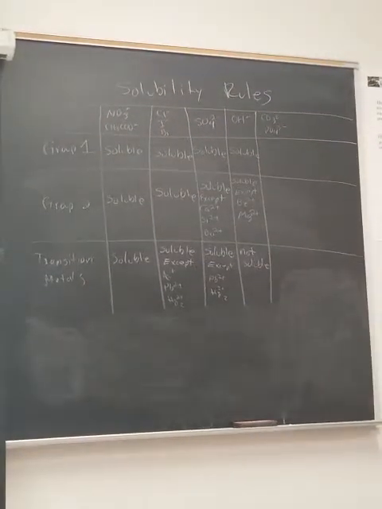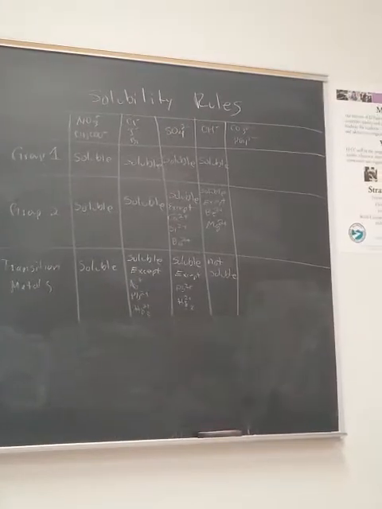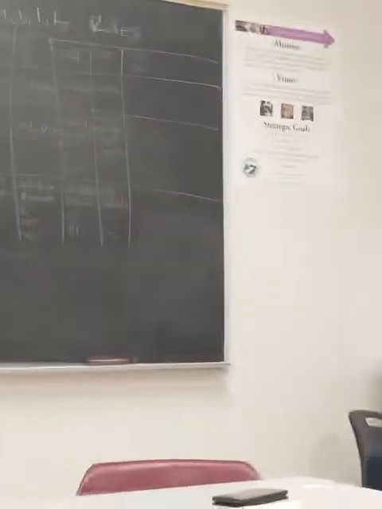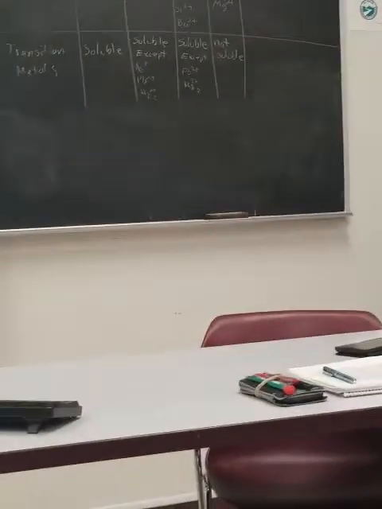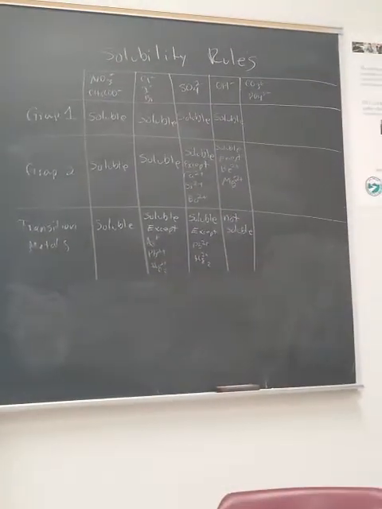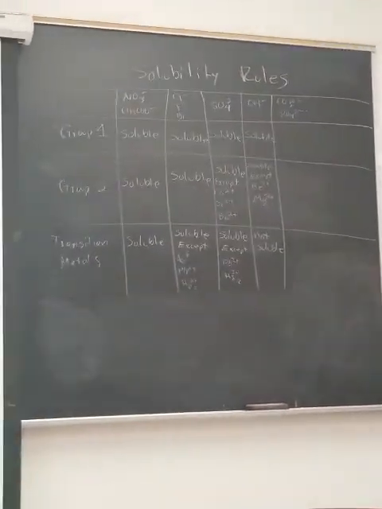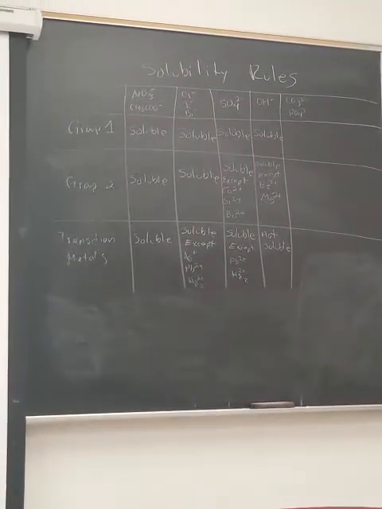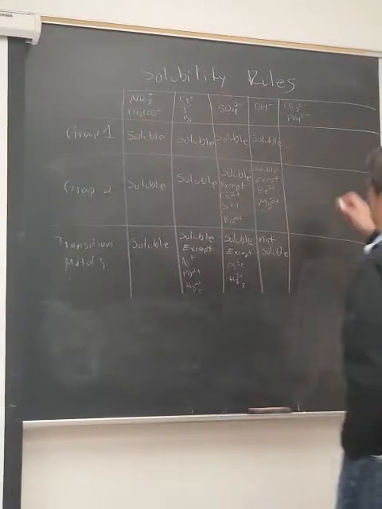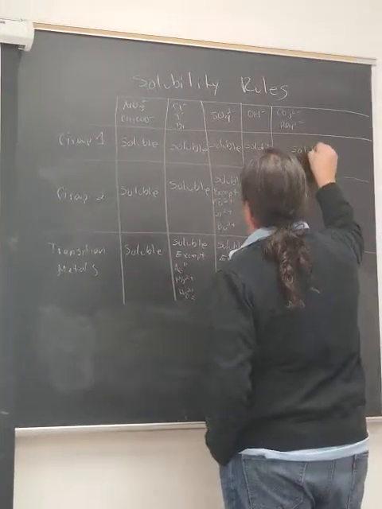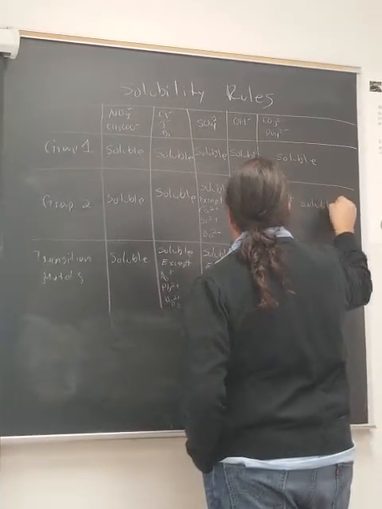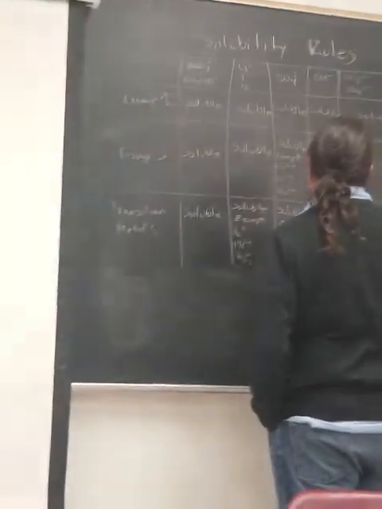The soluble hydroxides are the strong bases, which are your group 1, and calcium, barium, and strontium from group 2. So those hydroxides do dissolve, all the other ones do not. And then carbonates and phosphates are soluble in group 1, but not soluble everywhere else.